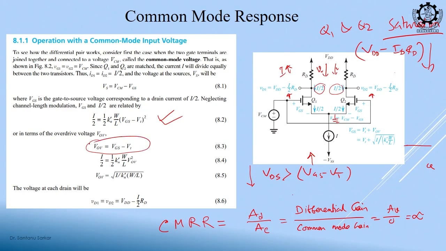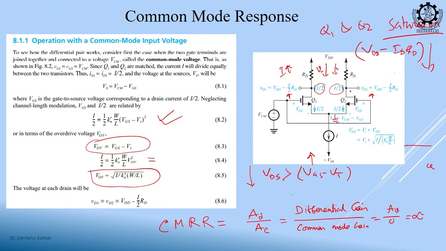We have written this I in terms of half Kn dash W by L VOV square. Okay, this half gets cancelled. So, VOV is equal to the square root of I by Kn dash W by L, that is the simplest equation that we know.